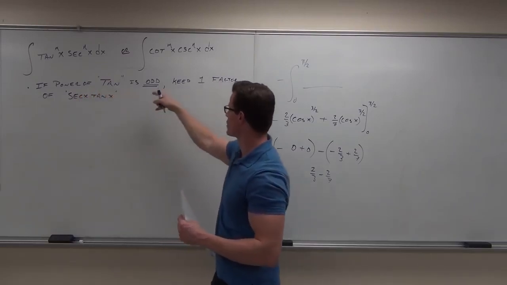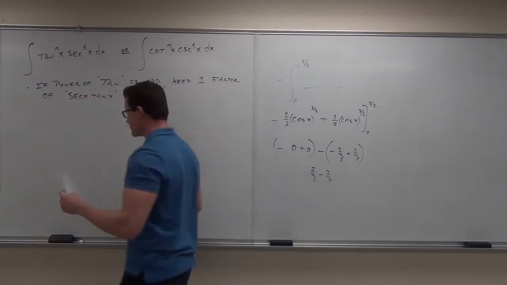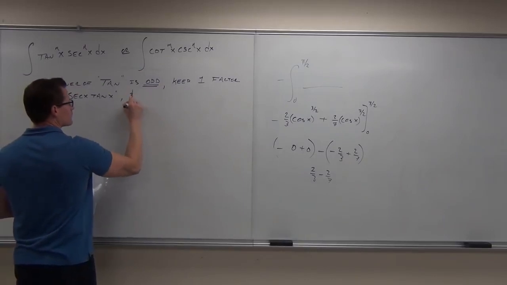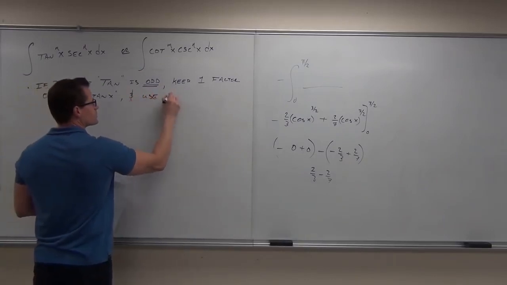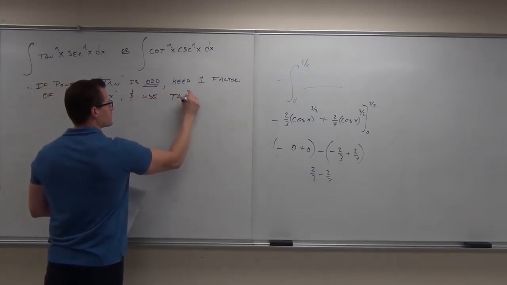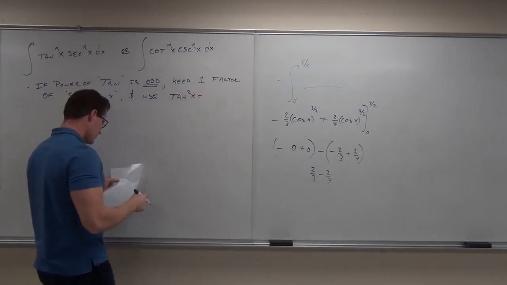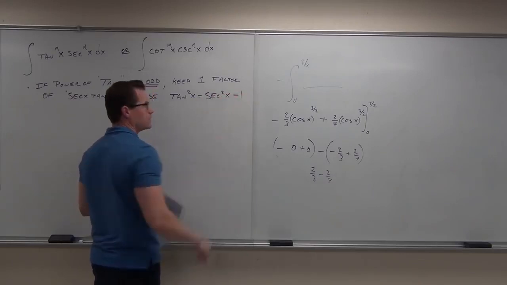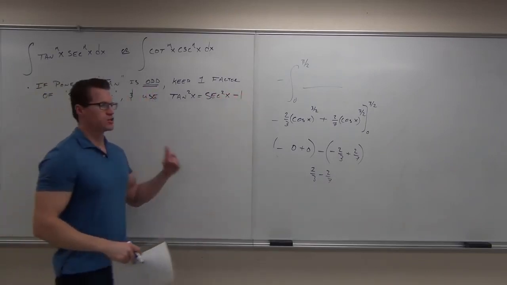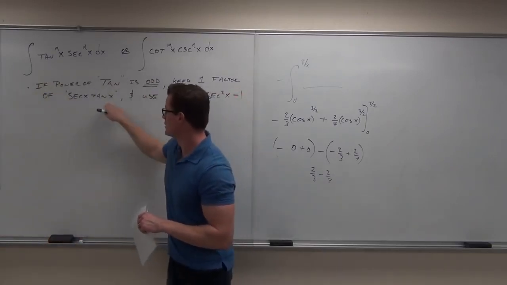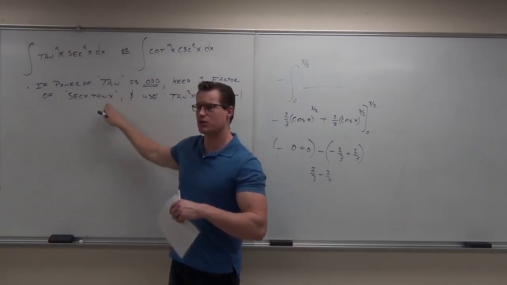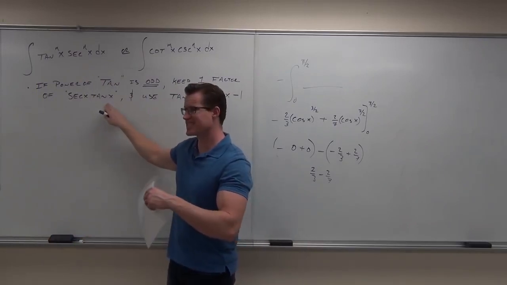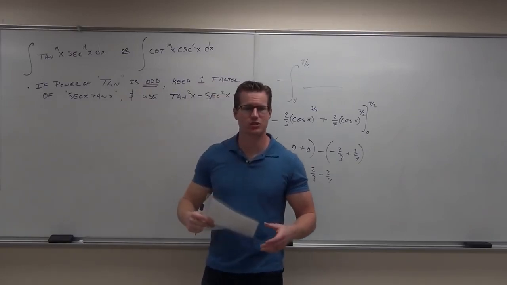So if the power of tangent is odd, keep one factor of secant tangent and use tangent squared x equals secant squared x minus 1. What that does, that changes all but this tangent into secant. Then you can use a substitution. The derivative of secant is secant tangent, and you're pretty much good to go.